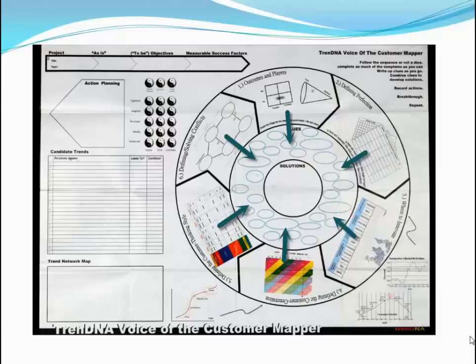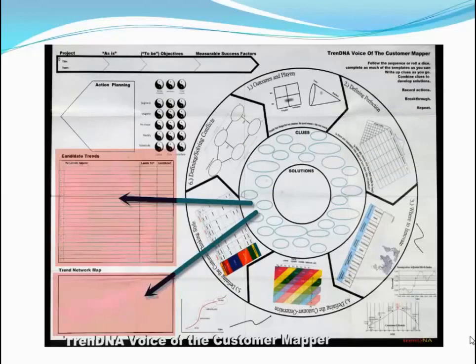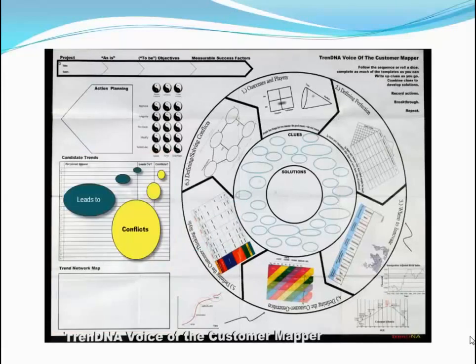These clues are then moved to the candidate trend area and the trend network map area. The analysis now starts into which trend leads to further trends and which ones conflict with other trends.